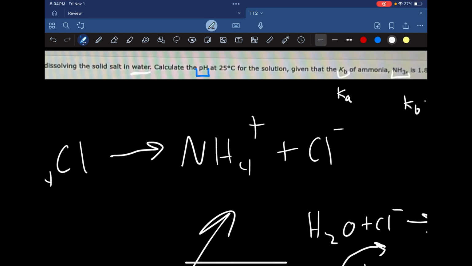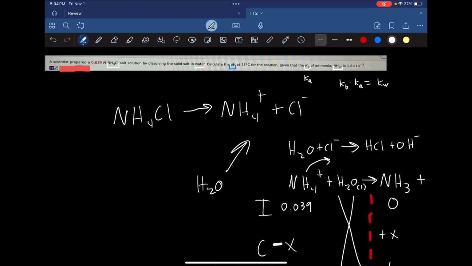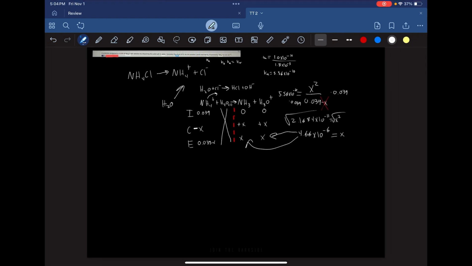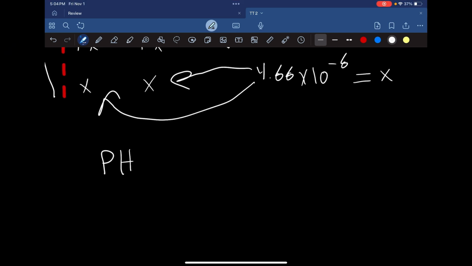But the question is asking to calculate the pH. So that's not our answer. We didn't get our answer yet. When they say calculate the pH, we know that, of course, pH is equal to negative log of the H3O plus concentration, which is also molarity, which is what we have here, molarity.